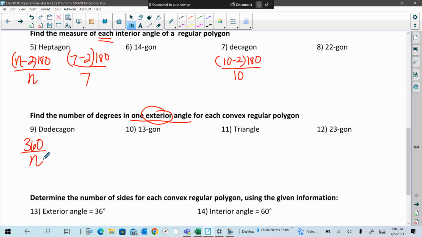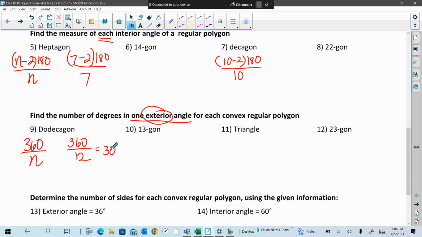I know we didn't talk about that one yet. What do you think a dodecagon is? No, too big. Closer, 12. Dodecagon is 12. So we're just doing 360 divided by 12 because it's 12 sides. So this would be 30.